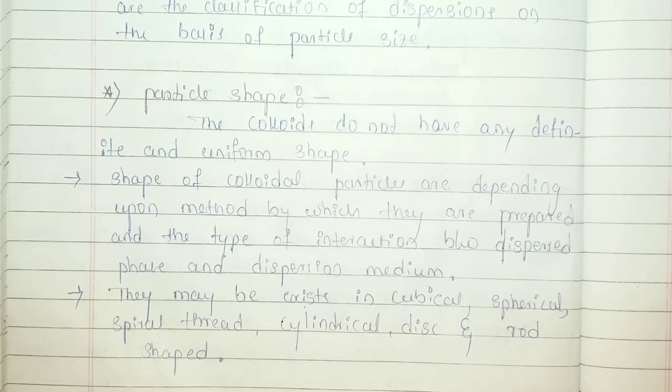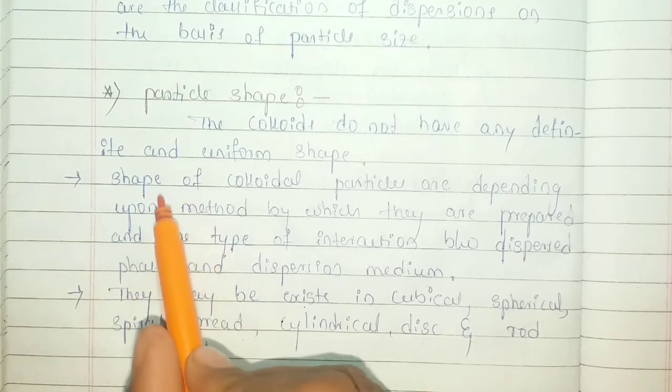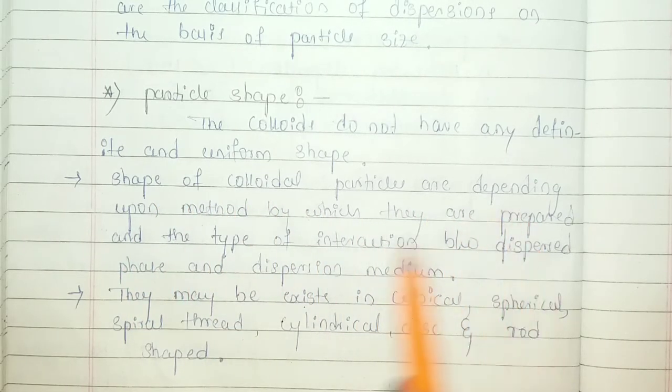The particle shape: colloidal particles do not have a definite or uniform shape. The shape of the colloidal particles depends upon the method by which they are prepared and upon the interaction between the dispersed phase and the dispersion medium.